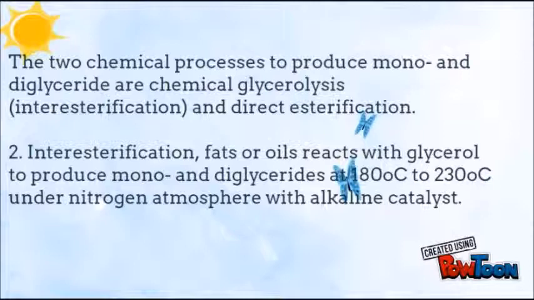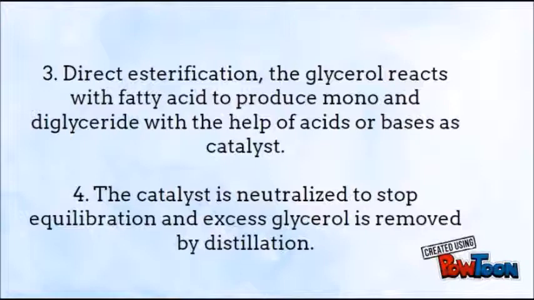The reaction takes place at 180 to 230 degrees Celsius and elevated pressure under nitrogen atmosphere, with alkaline catalysts such as potassium hydroxide, sodium hydroxide, and calcium hydroxide. For the process of direct esterification, the glycerol reacts with fatty acid to produce mono and diglyceride with the help of acid or base as catalyst.